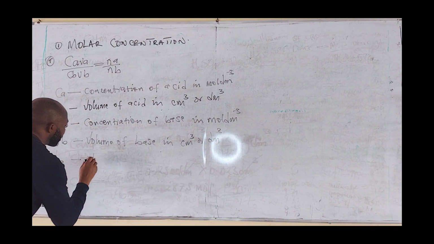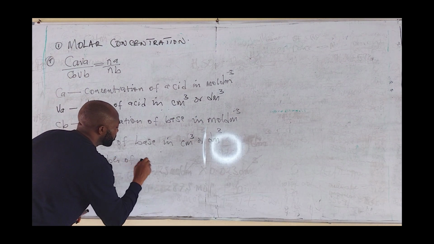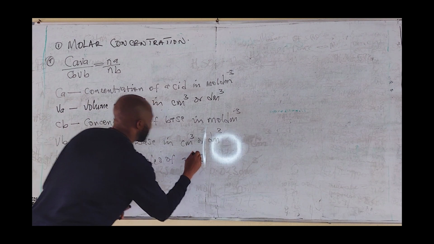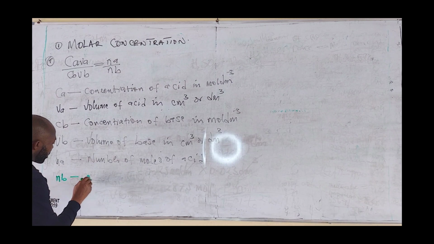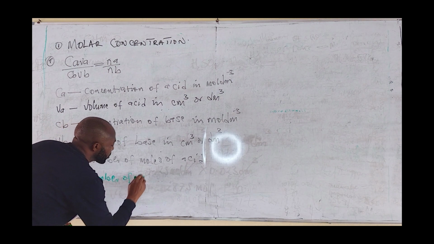NA is number of moles of acid, while NB is number of moles of base.